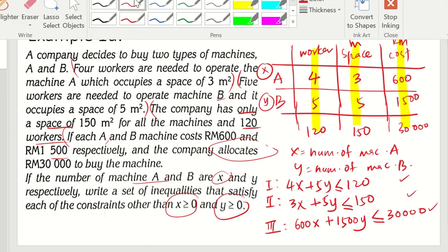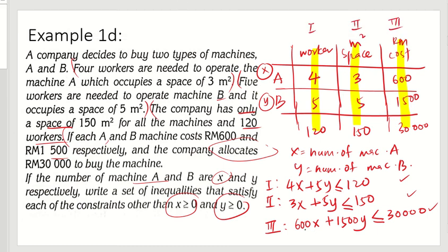Or you can simplify. Divide by what? Once you simplify, all the terms must be divided by the same value. So divide by 300, the common factor. So you get 2x plus 5y less than or equal to 100. Okay?